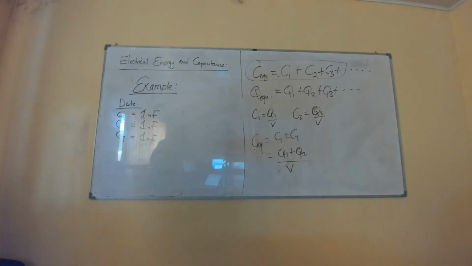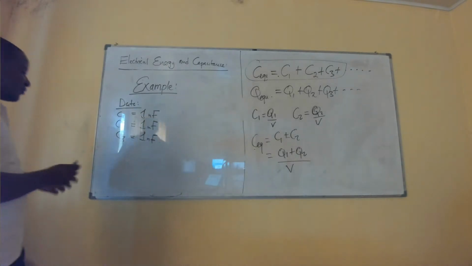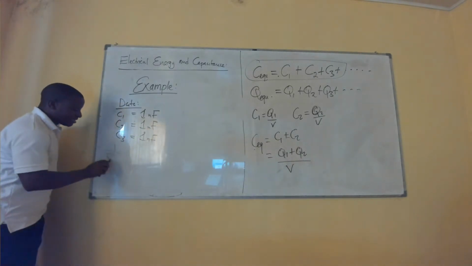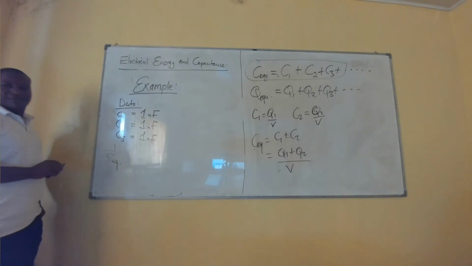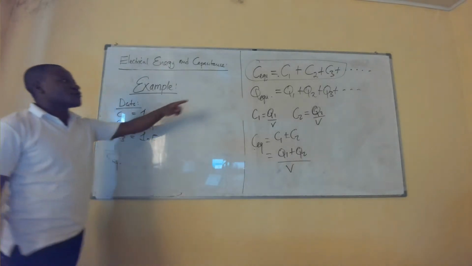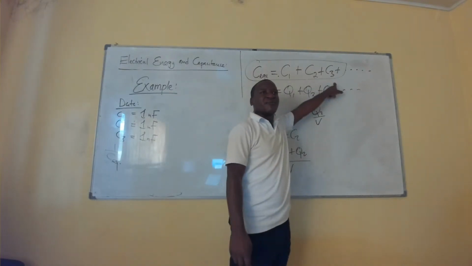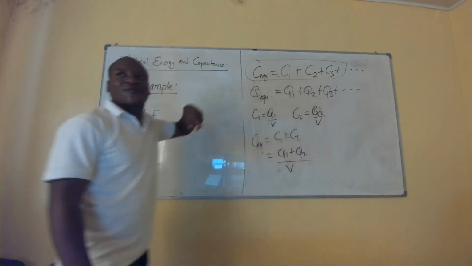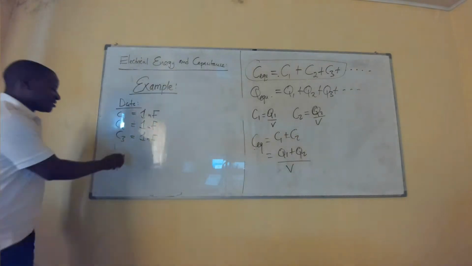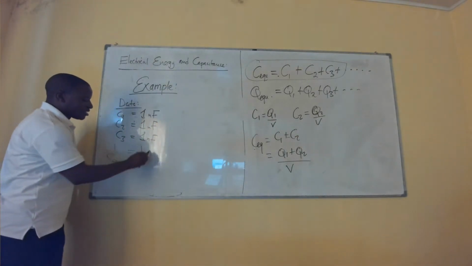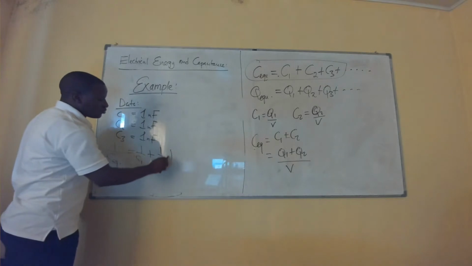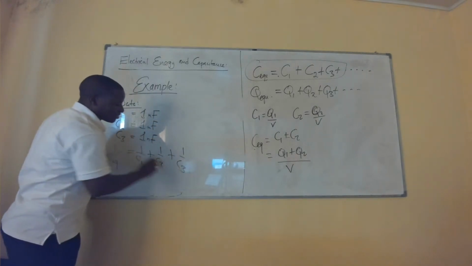Straight away, you know that 1 over C equivalent, because you know for sure, if you just go straight and add them like this, you have the maximum. So you use the other formula, not that one. This is the same as 1 over C1 plus 1 over C2 plus 1 over C3.